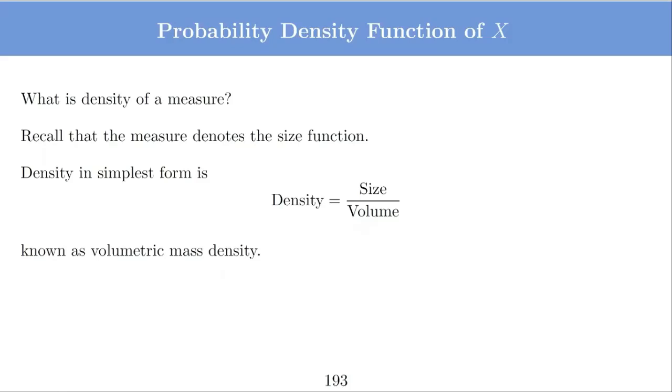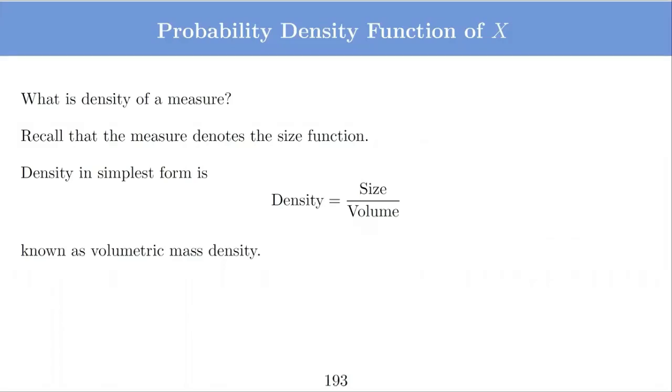Okay, so the particular density where you just divide size by the volume. Okay, so this size means generally the length or the area. So if you divide size by volume, we'll call it the volumetric mass density. Okay, so you can take a stick, compute the mass, and divide by its length. That will be its density, and that will be called the volumetric mass density.